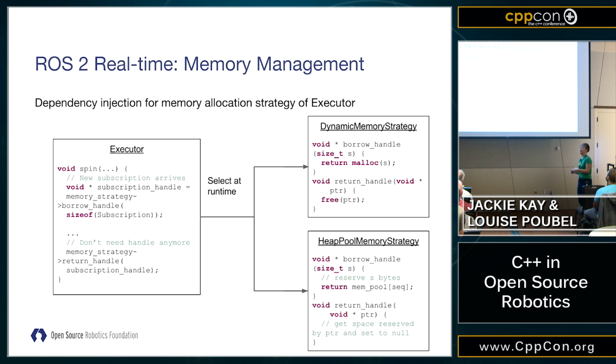Not the same thing as malloc and free, but heap allocation. If we're in a real-time safe situation, you can pass a different memory strategy, which inherits from the same base class as this, which refers to pre-allocated memory pools. So the executor code is all the same, general dependency injection.